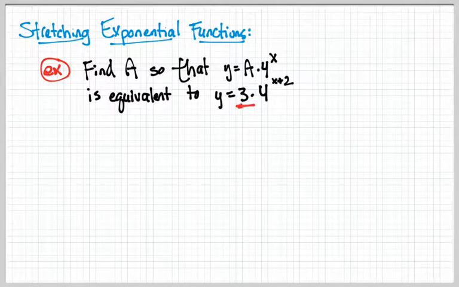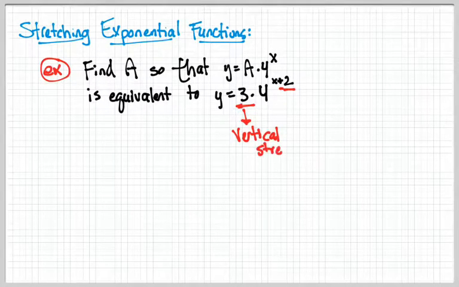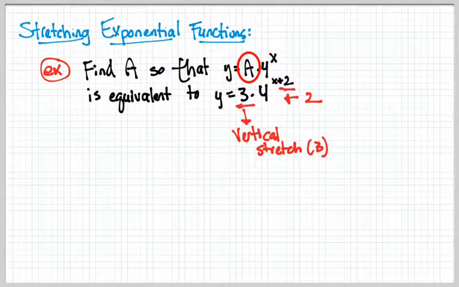We have the 3 and the 2. The 3 is our vertical stretch by a factor of 3, and the 2 is a horizontal shift to the left 2. So the question becomes, how can we write a new equation that does not have a horizontal shift but has a stretch factor a that matches the graph below? And we're going to do that algebraically.